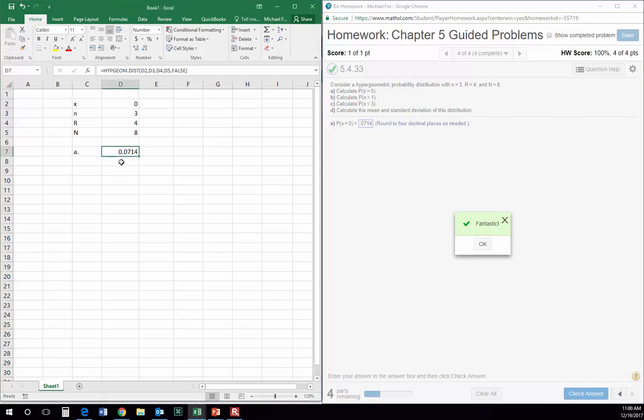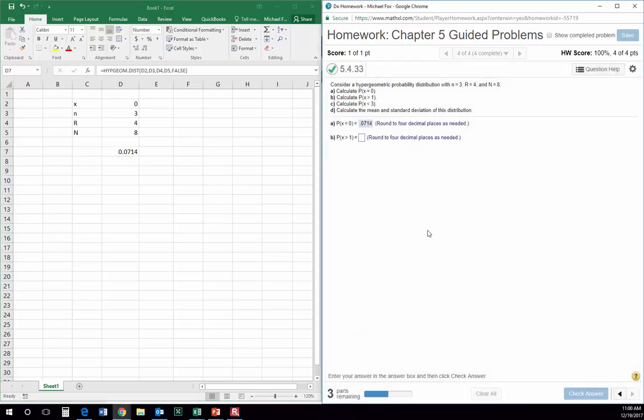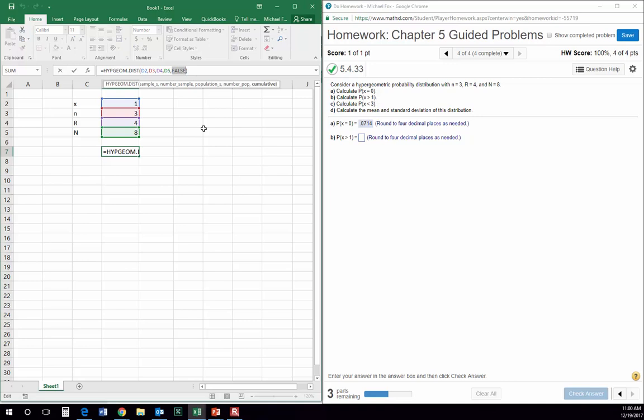What's cool about doing it this way is I can leave everything else the same, and I could just keep using this to find my answer instead of doing the ABC. So for example, what's the probability that x is greater than 1? So now I can put 1 here, and I can change this to true.